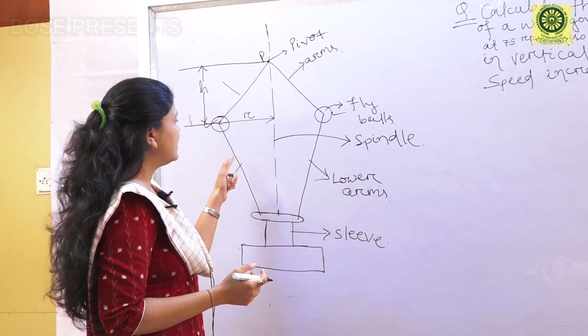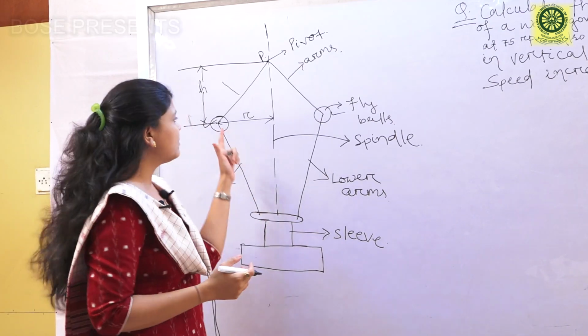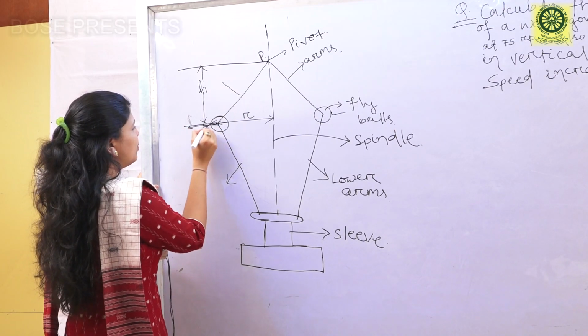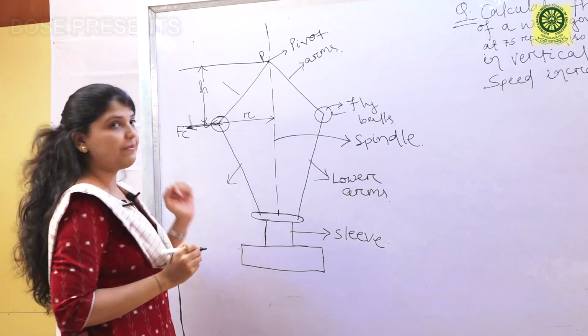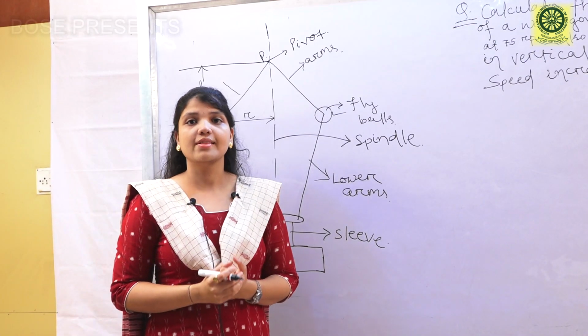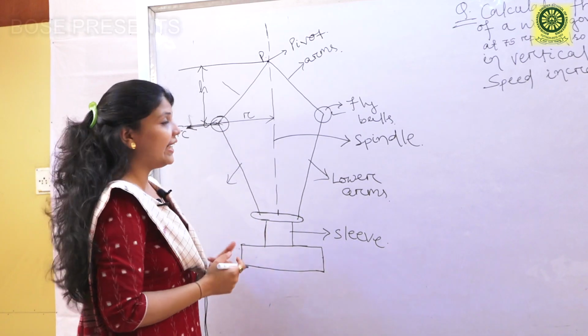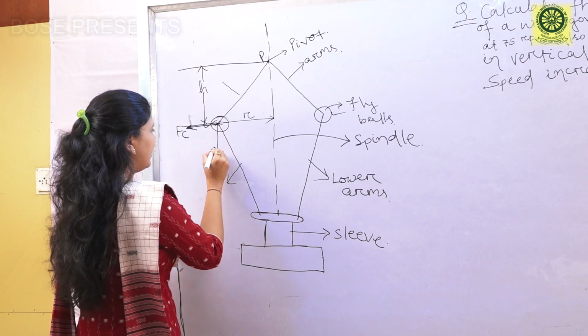This is the centrifugal type of governor, so on these fly balls the centrifugal force will act. This centrifugal force is denoted by Fc. Suppose the mass of the balls is m, so the weight that will act on each ball will be mg.